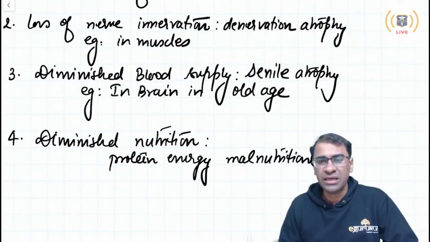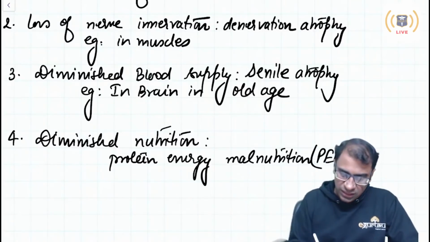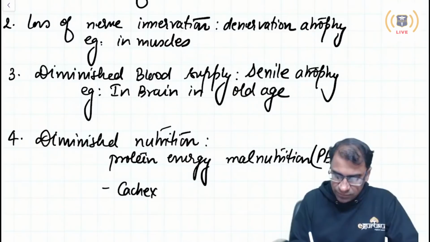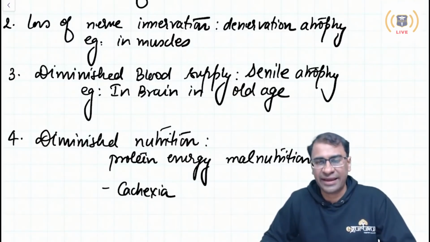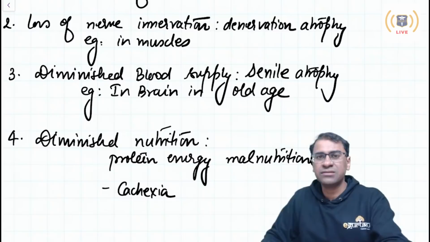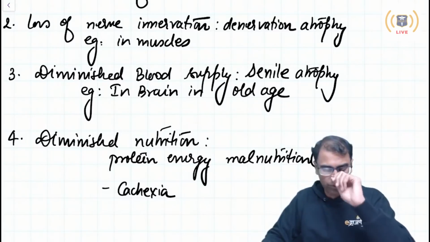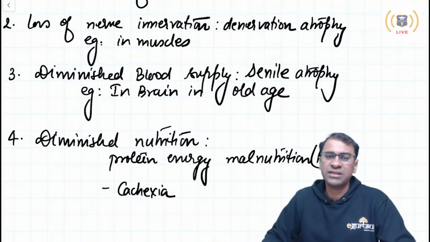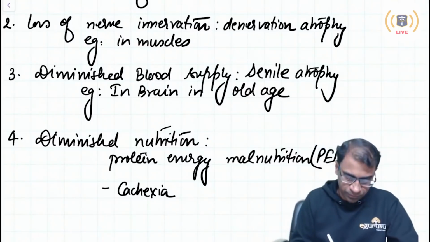This is often seen as cachexia. Malnutrition is often referred to as cachexia. Again, the muscle mass appears low.